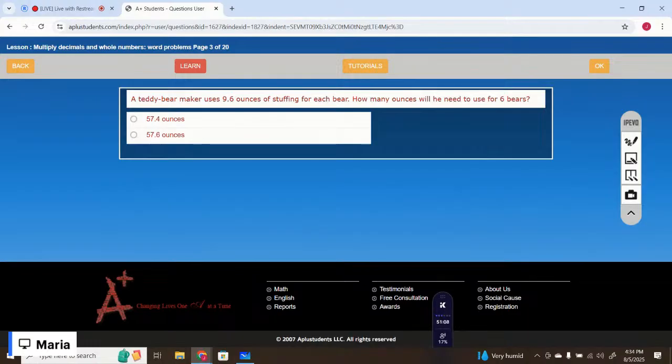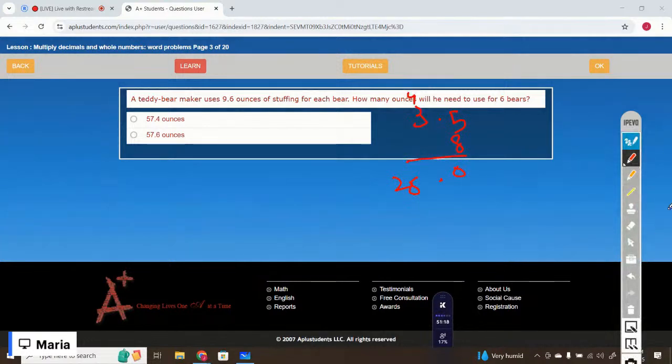A teddy bear maker used 9.6 ounces of stuffing for each bear. How many ounces will he need to use for 6 bears? So you have to do 9.6 times 6. 6 times 6 is 36.